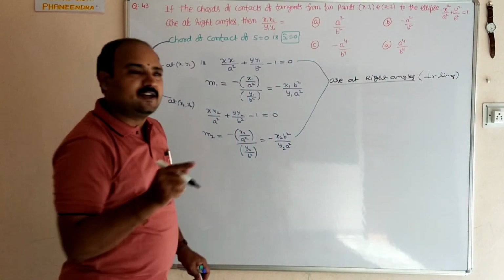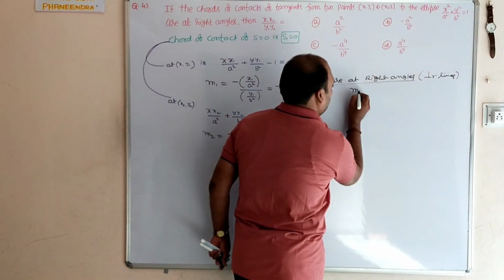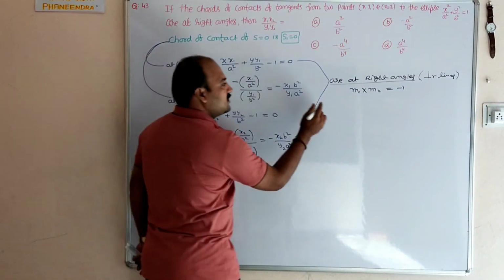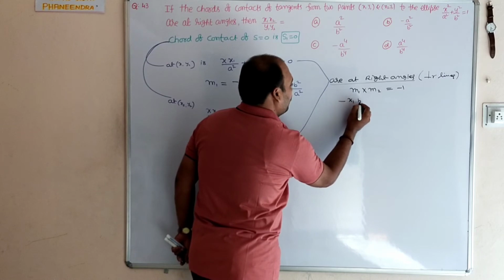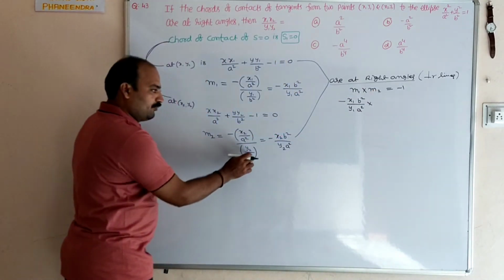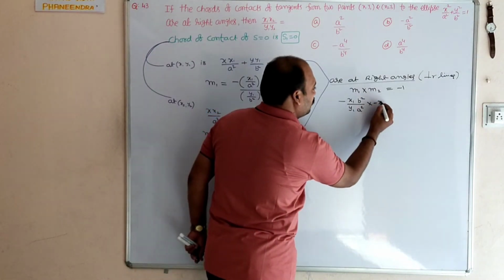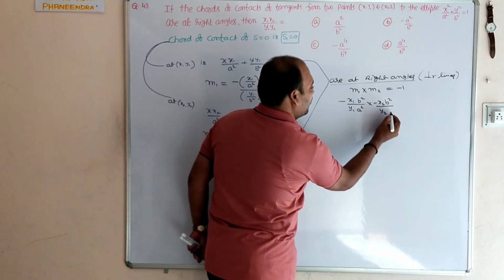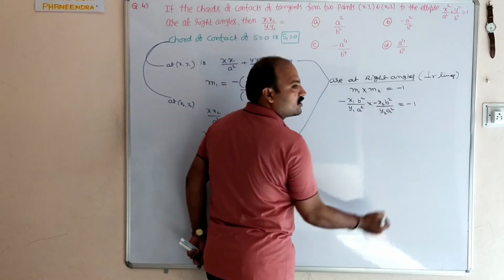What is the condition? m1 m2 equal to minus 1. According to this, (minus x1 b square by y1 a square) into (minus x2 b square divided by y2 a square) is equal to minus 1.